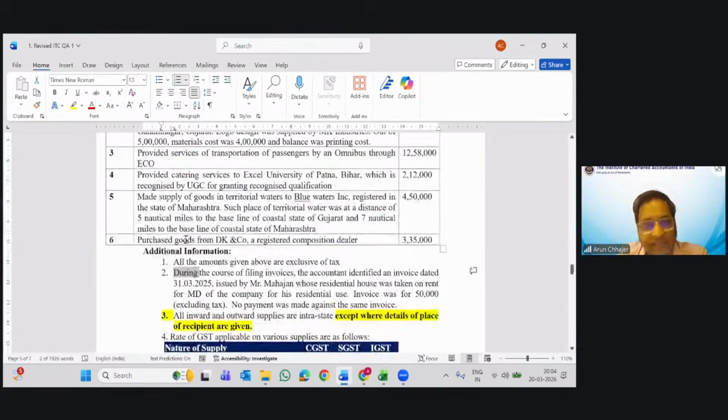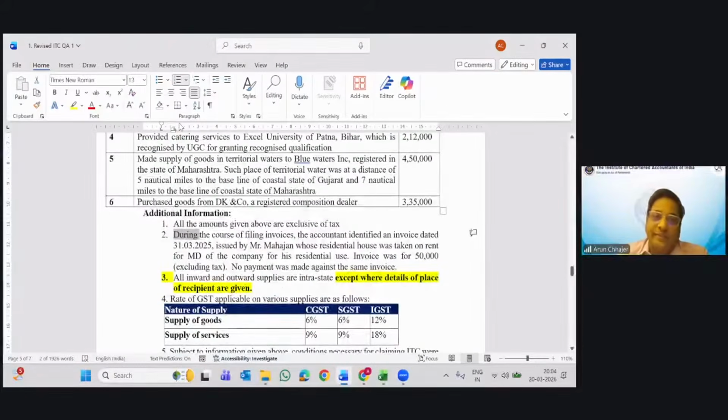First tell me. It is an inward supply. What is the nature of the supply? Renting of residential dwelling.